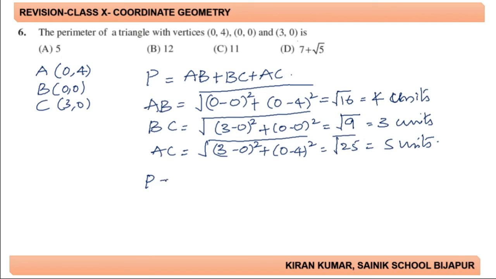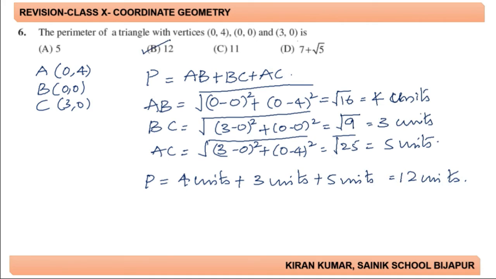Hence the perimeter is 4 units added to 3 units added to 5 units, and the sum is 12 units. This verifies that option B is the right answer.